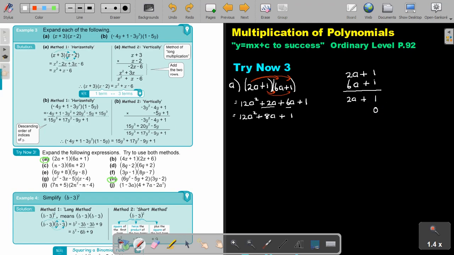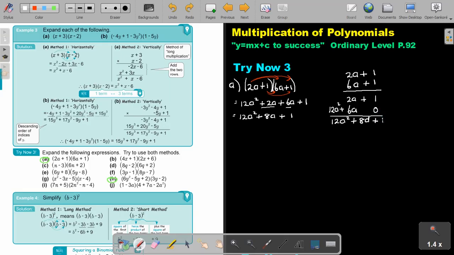And then this is going to be 6a. And this is going to be 12a squared. And it's actually positive 6a. It's better to put the positive. And then this is going to be 12a squared plus 8a plus 1. And that's going to be your final.